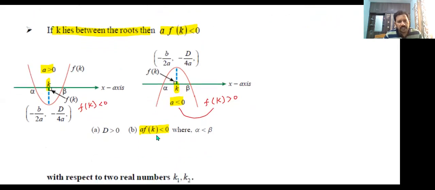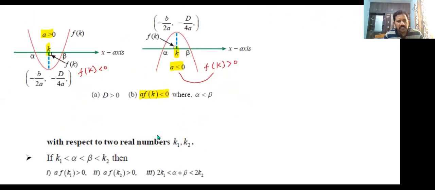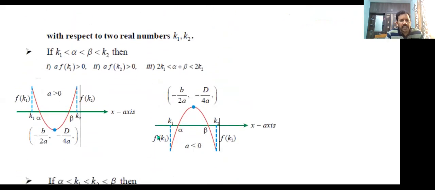Okay, three conditions completed. Next, suppose I am taking two real numbers, k1 and k2. See here, alpha and beta are roots lying between k1 and k2. So outside is k1, this is k2, and alpha, beta are inside k1, k2.